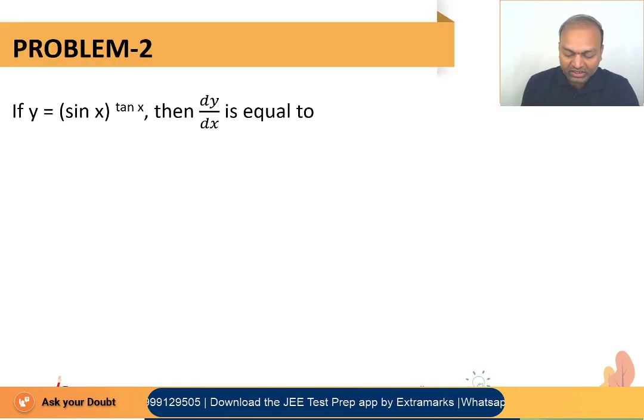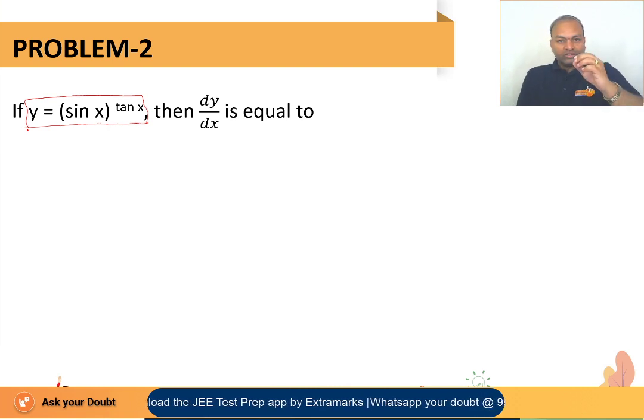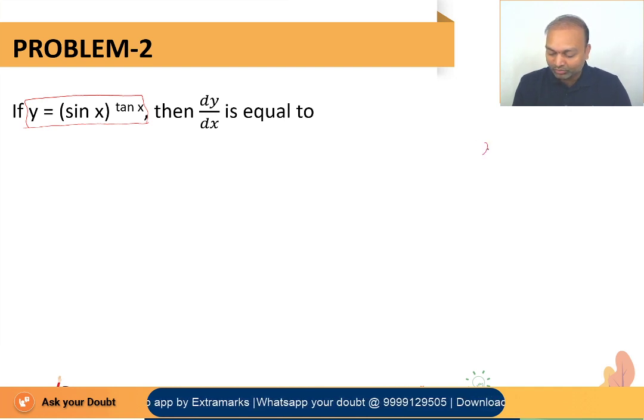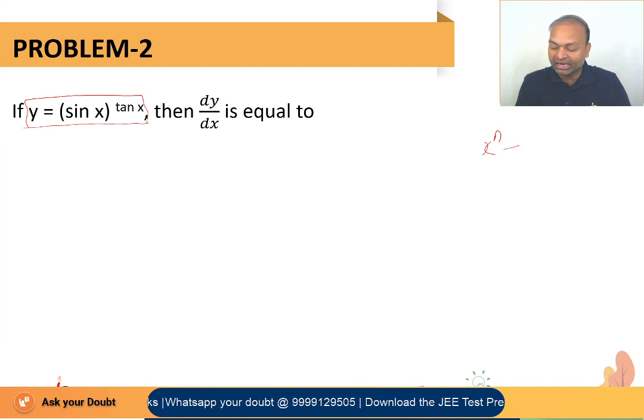See here, y is equal to sin x power tan x. Then find dy by dx. Simple point. Already in a previous session we discussed this method. Suppose the given problem is like this form, x power n, meaning the exponent is constant. Then apply the x power n derivative formula.